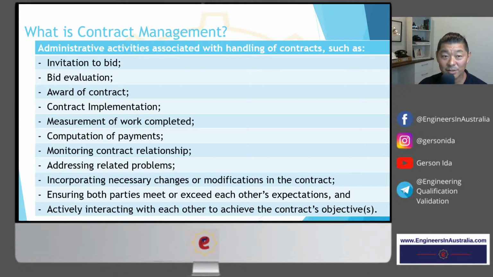So if you do invitation to bid, bid evaluation, award of a contract, contract implementation, measurement of work completed, computation of payments, monitoring contract relationships, addressing related problems, incorporating necessary changes or modifications in the contract, ensuring both parties meet or exceed each other's expectations, and actively interacting with each other to achieve the contract's objective. If you do any of those activities, you are managing a contract.